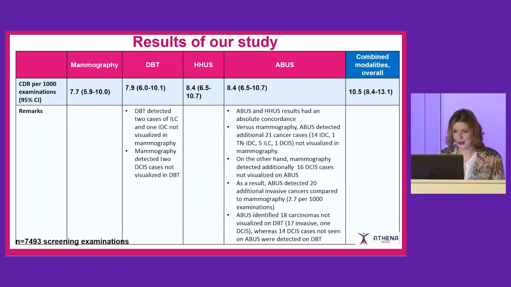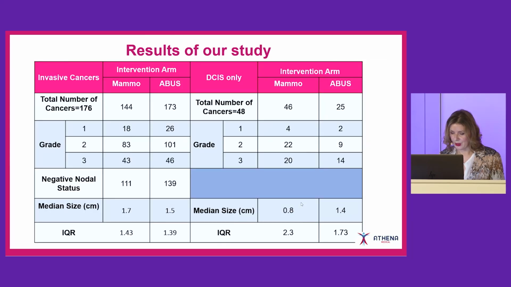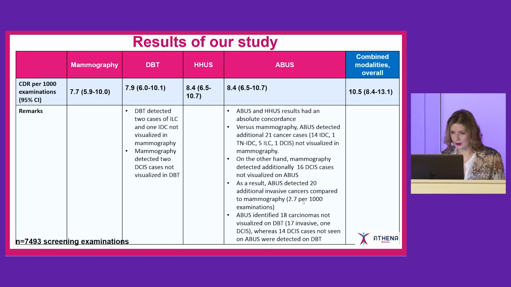Those are the results from our study where we included 7,493 women, and we found 3 cancers per 1,000 women screened. So you can see here that ABUS detected 21 additional cancers that were not visualized on mammography.